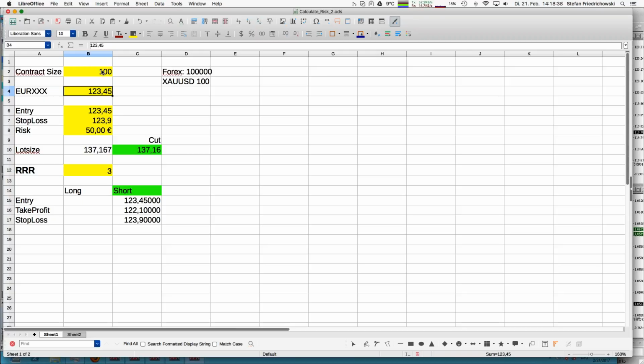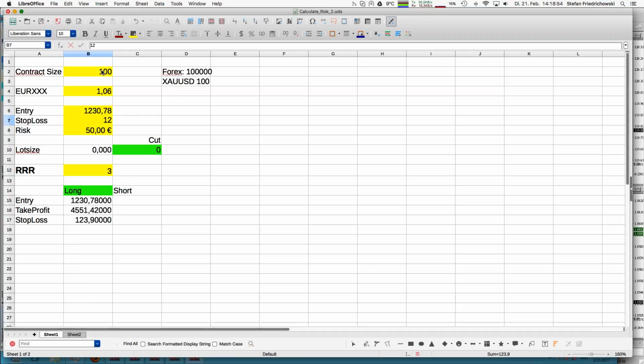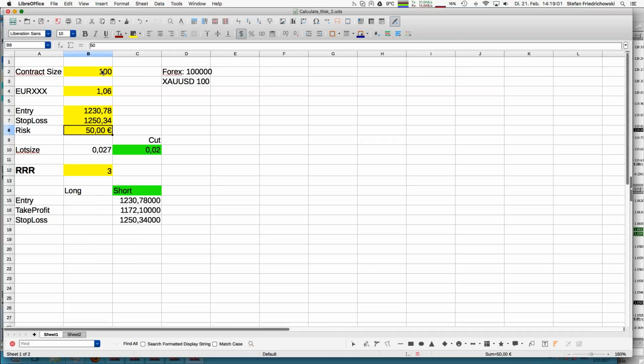The gold price is always in the US dollar, so we need the exchange rate, which is about 1.06 right now. So we want to have an entry at 1230.78, a stop loss at 1250.34, and the risk per trade is set to 50 euros.